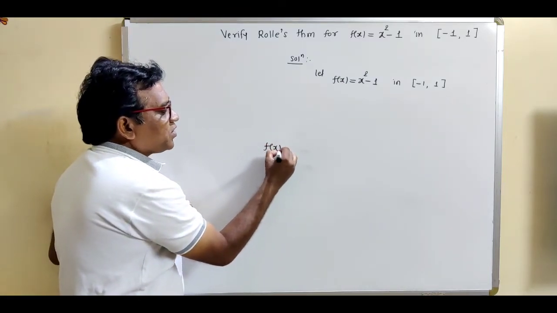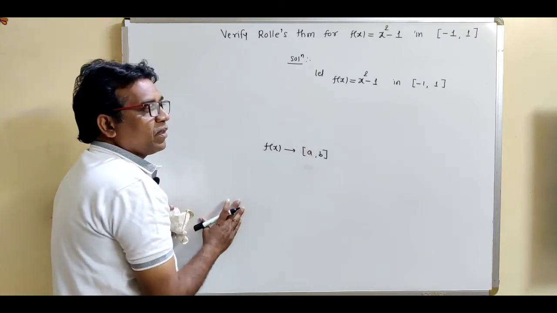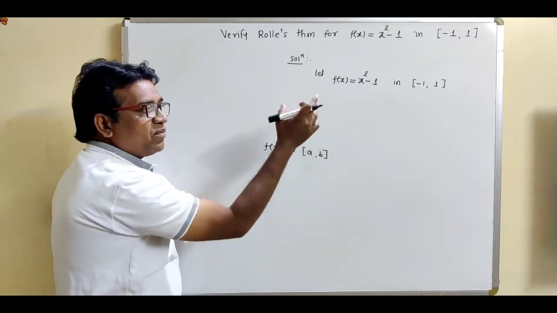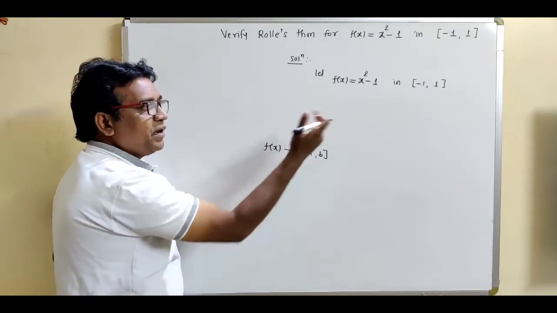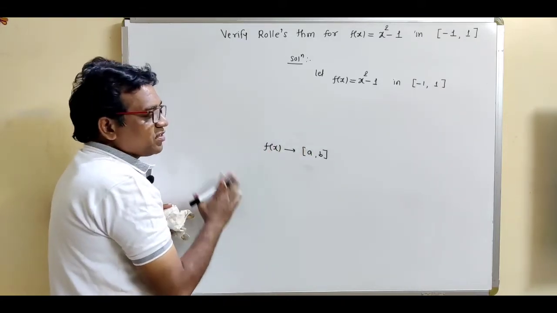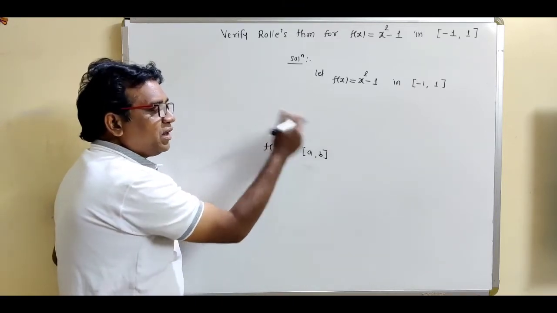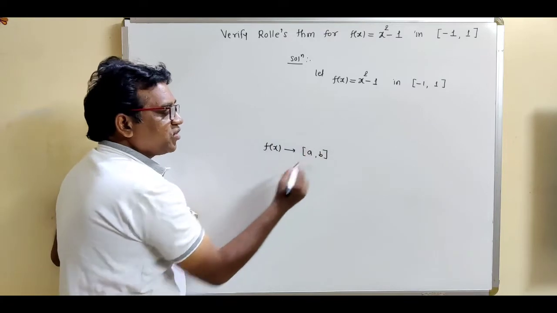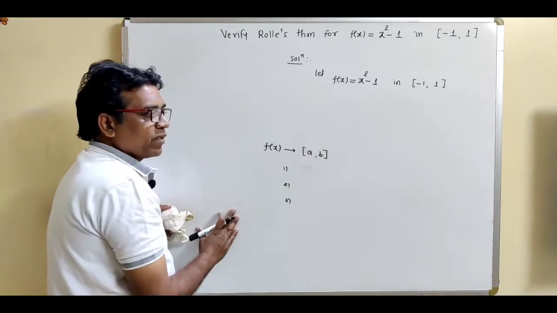If f(x) is a function defined on the closed interval AB. Now we are given the closed interval as -1 to +1, so obviously A is -1 and B is 1. So see what is the statement of Rolle's theorem. If f(x) is a function defined on the closed interval AB such that we have to verify these three conditions.